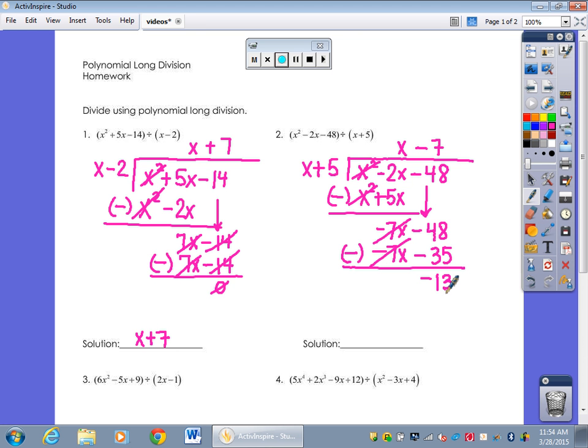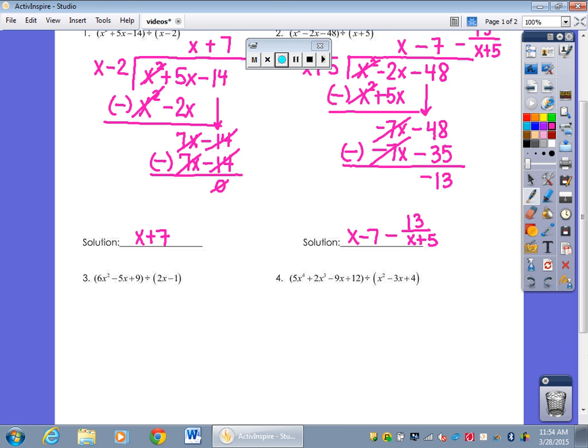Now, when you have a remainder, that negative 13 ends up being put as the numerator, and the denominator was your x plus 5. Okay, so your final answer is x minus 7 minus, because that was negative 13, 13 divided by x plus 5. It's a weird answer, it looks funky, but it's right.